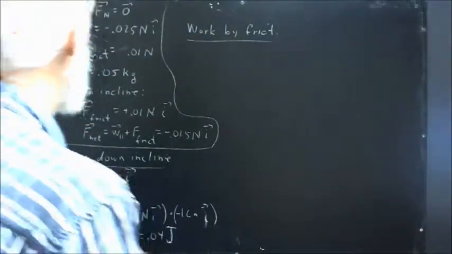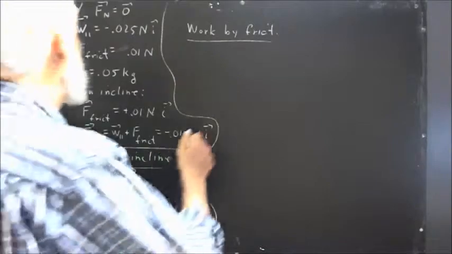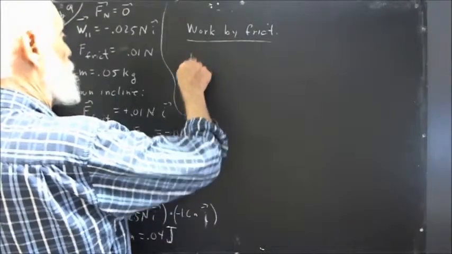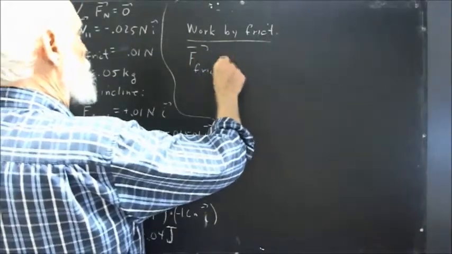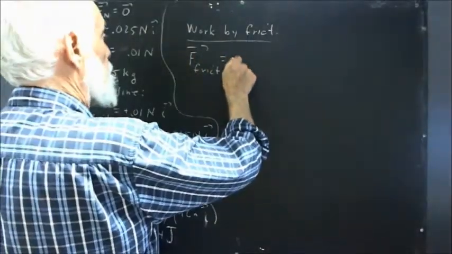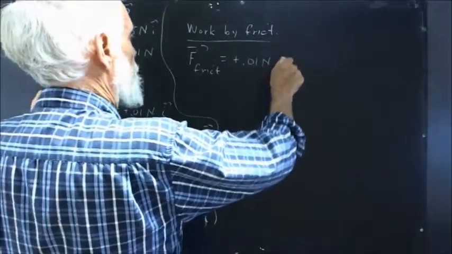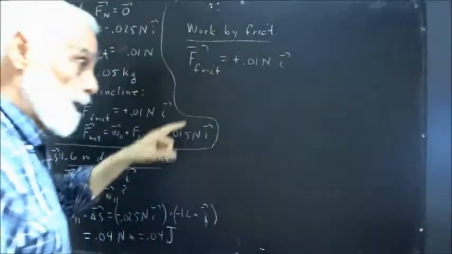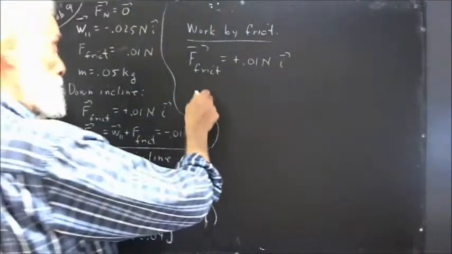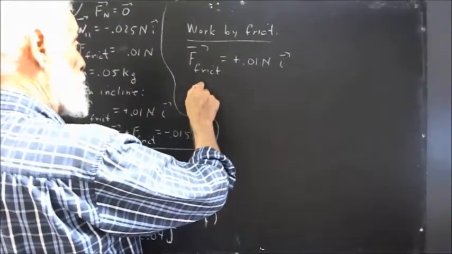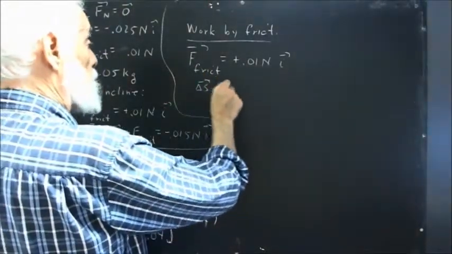Work done by friction. Well, friction is going to exert a force in the direction opposite motion, so that the force of friction, the vector force, is going to be plus 0.01 newtons times i. And plus because this is the positive x direction. The delta s is the same as before.